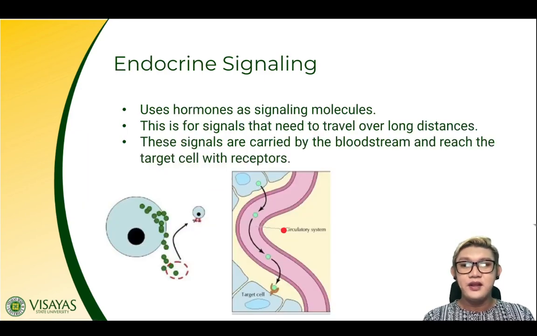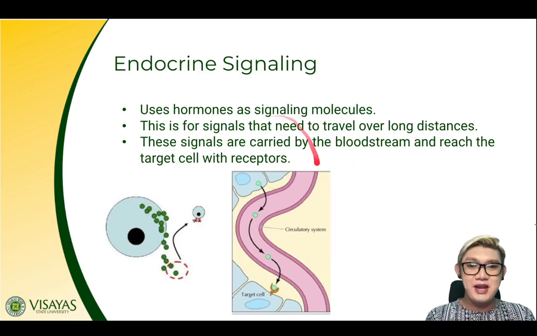Endocrine signaling uses hormones as signaling molecules. This is for signals that need to travel over long distances. The signals are carried by the bloodstream and reach the target cell with receptors.